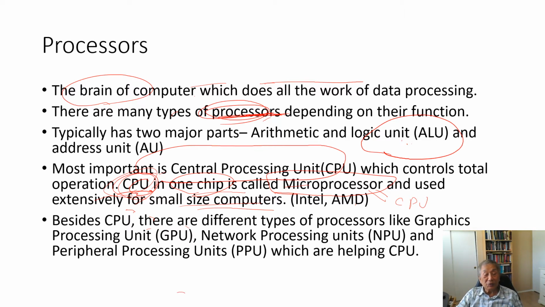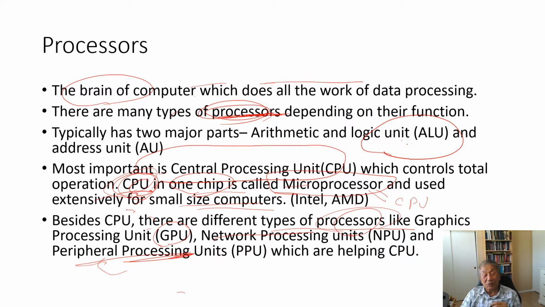Besides the CPU, there are different types of processors, like what I said, the graphics processing unit, GPU, the network processing unit, NPU, and sometimes the peripheral processing unit. There are many things connected to it, and that one is a peripheral unit. Peripheral means the surrounding area, not the center.